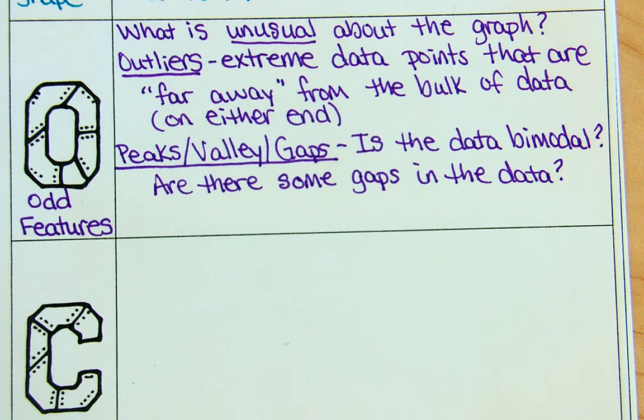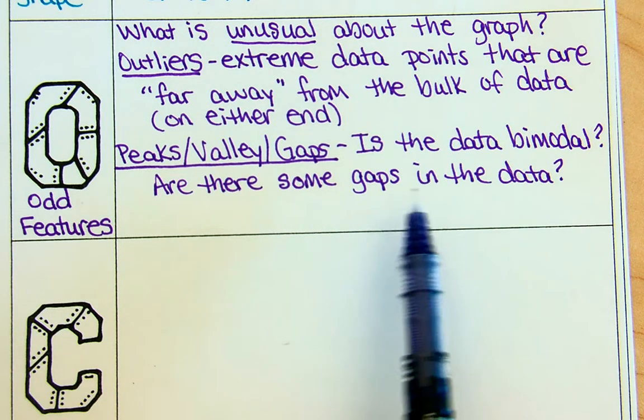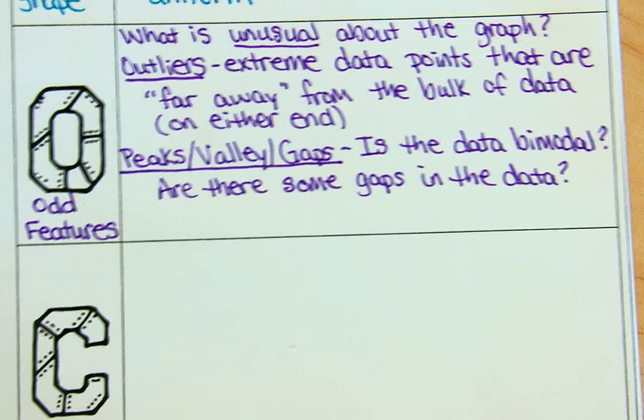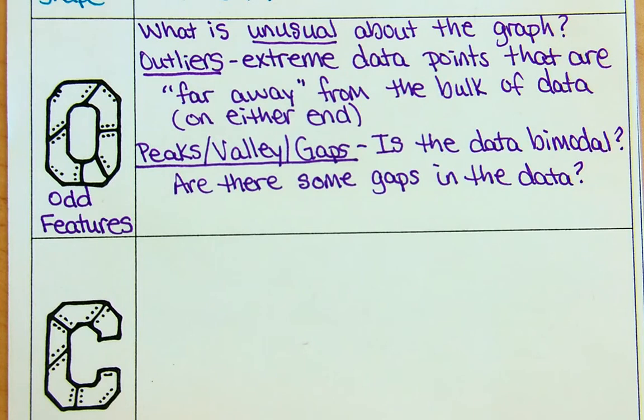Did we leave some things out? So we would mention that if there are any gaps in the data. That's going to be pretty much our odd features. Those are going to be it. We don't have a lot of different things to look for, but we need to make note if some of these happen.